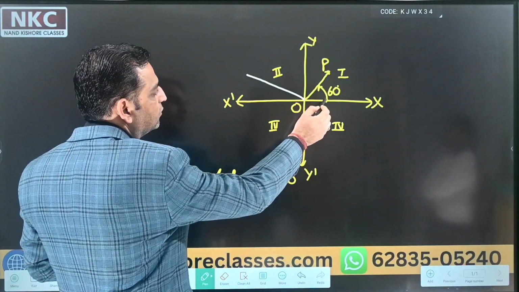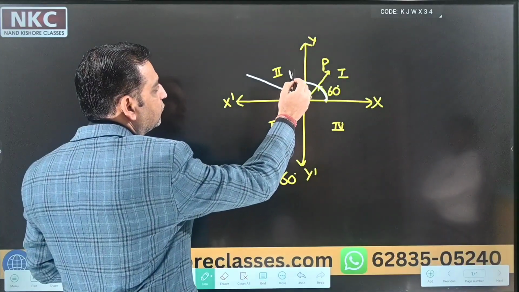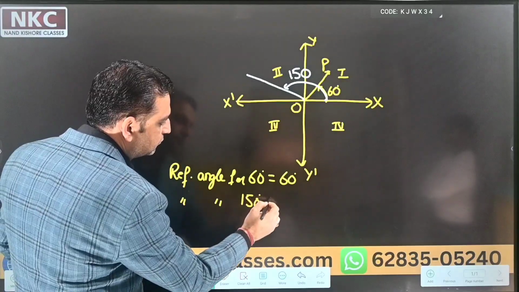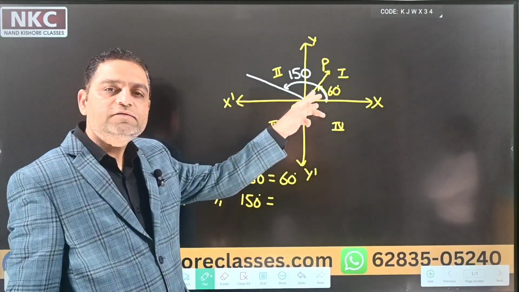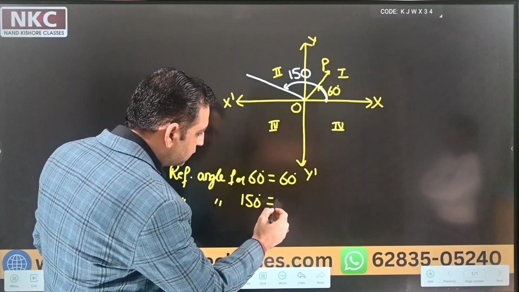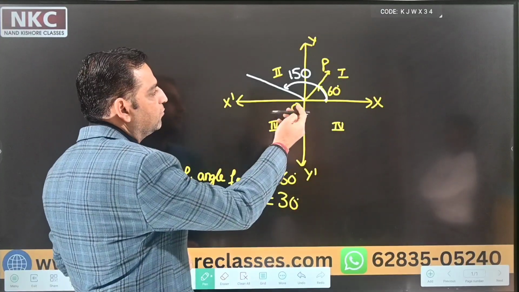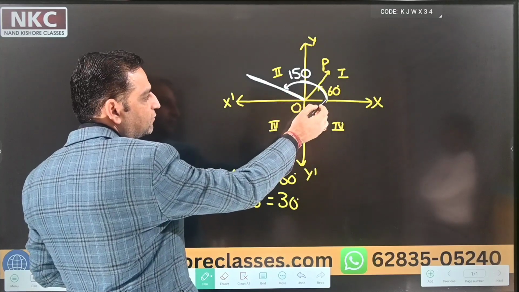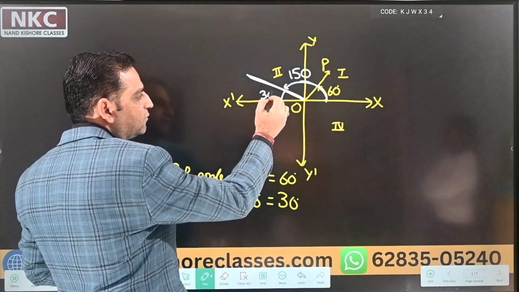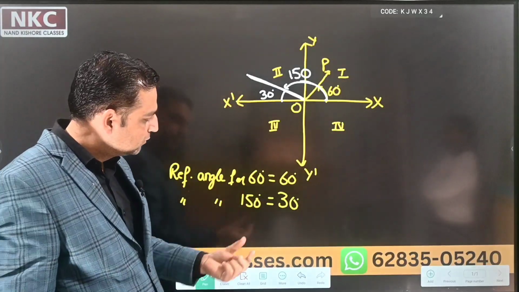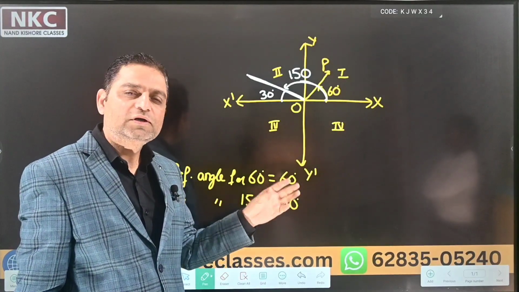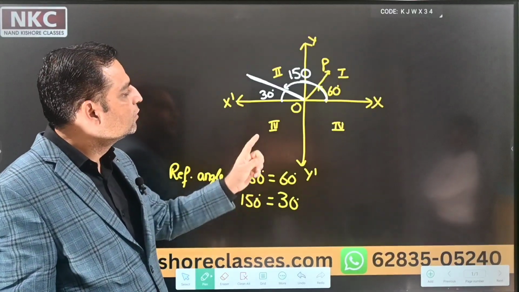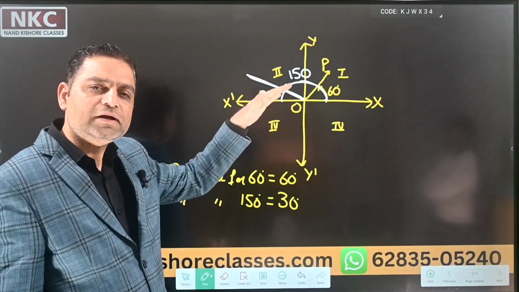Let's suppose you have this anti-clockwise given angle 150 and you need to find the reference angle for 150 degree. Reference angle for 150 degree will be 30 degree. You analyze it because this main straight line is making an angle with the x-axis of 150 from one side, but from the second side it is 30 degree also. Which one is smaller? 30 degree is smaller. So 30 degree is the reference angle for 150 degree. It is the smaller angle made with the x-axis.